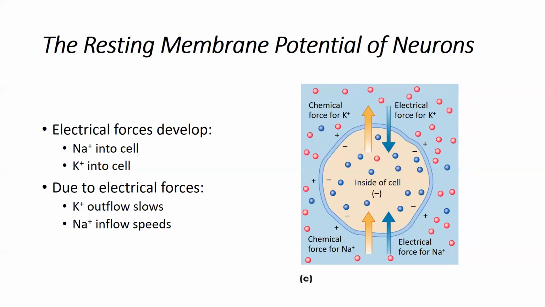This ties back into something we spoke about earlier. When we have 2 forces, what do we do? We add those 2 forces together, right? If they're in the same direction, then those forces will amplify. So here we have a chemical driving force for sodium moving into the cell. We have an electrical driving force for sodium also moving into the cell.